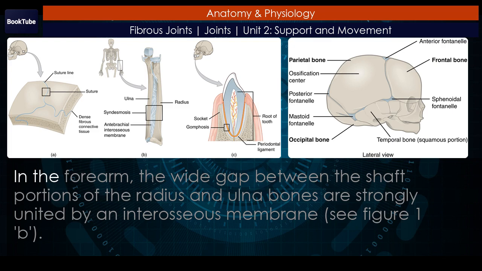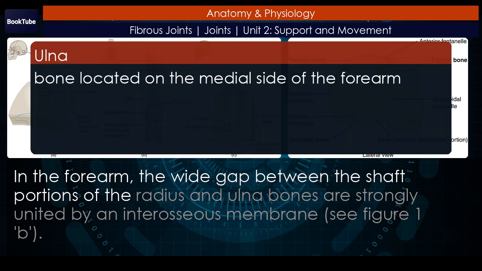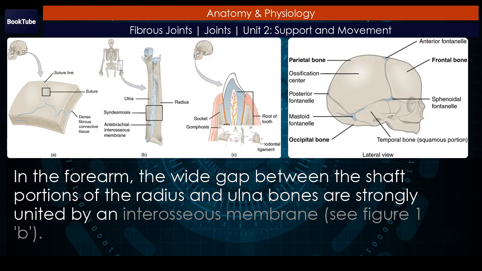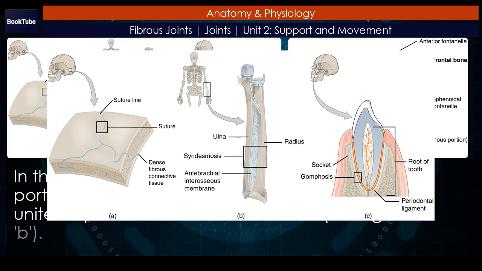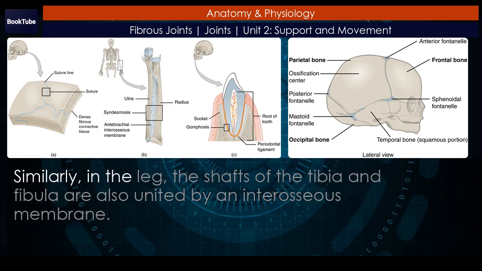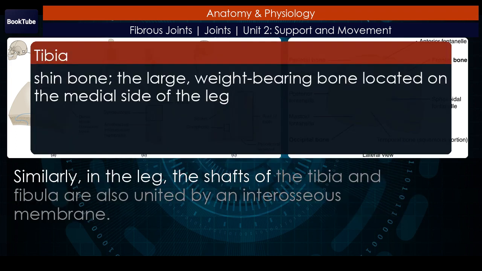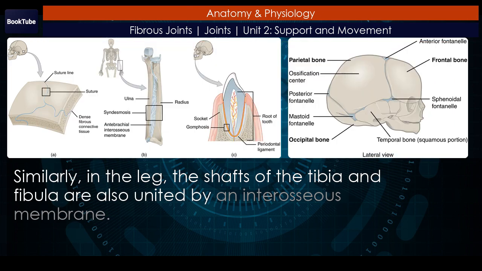In the forearm, the wide gap between the shaft portions of the radius and ulna bones are strongly united by an interosseous membrane. See Figure 1b. Similarly, in the leg, the shafts of the tibia and fibula are also united by an interosseous membrane.